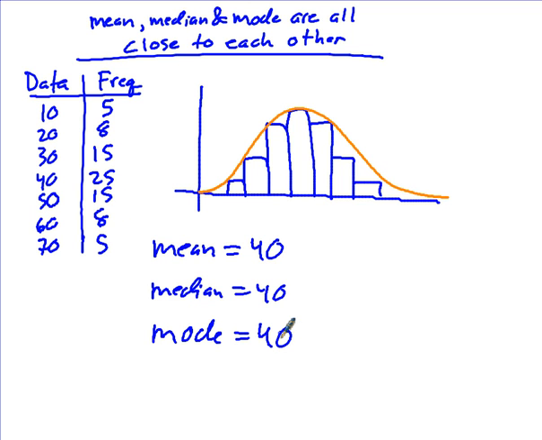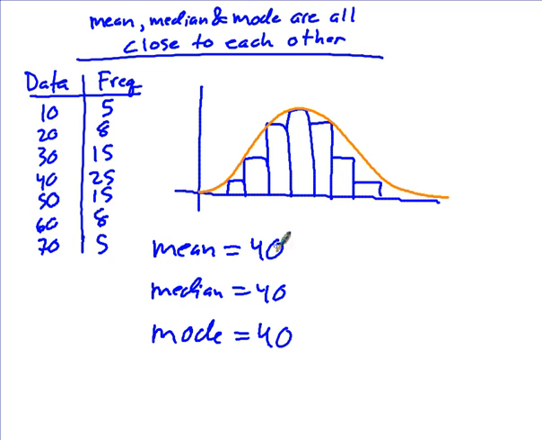Now, I engineered this data list to be perfectly symmetric. If it's not perfectly symmetric, then there will be some variations between these measures. But if they're all close to each other, then that does infer that it's symmetric, because if it wasn't symmetric, then the median would tend to drift to whichever side most of the data is on.